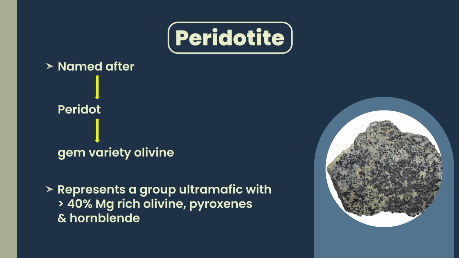Peridotite represents a group of ultramafic rocks in which there is more than 40% magnesium rich olivine. What is the magnesium rich olivine? It is called forsterite, has a very high temperature of crystallization, and in Bowen's reaction series, olivine crystallizes early.